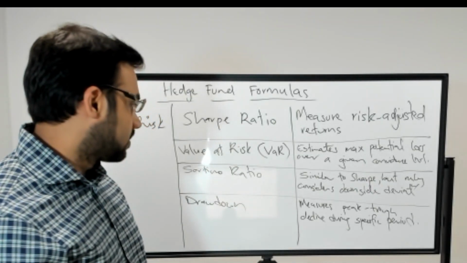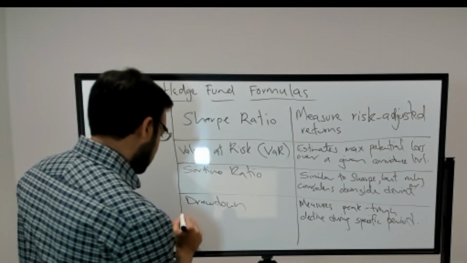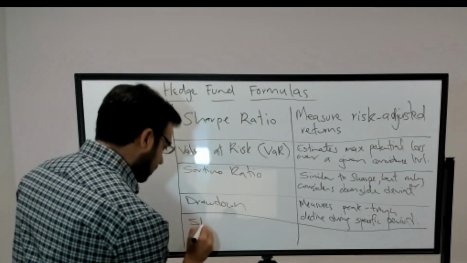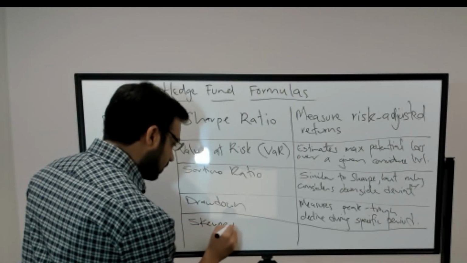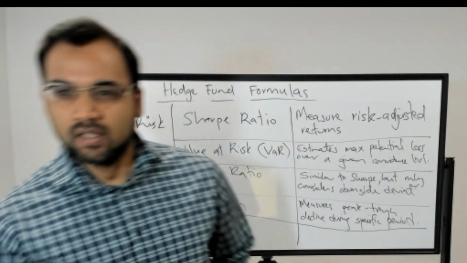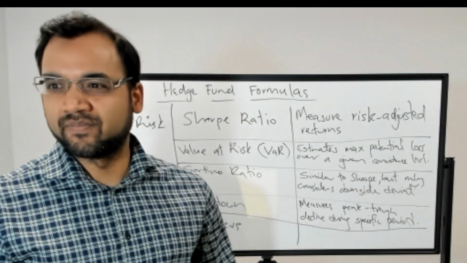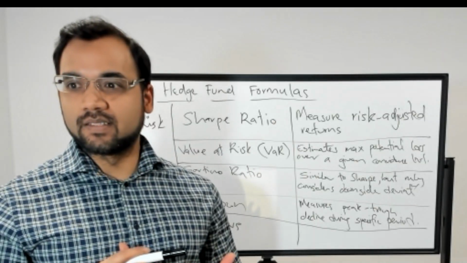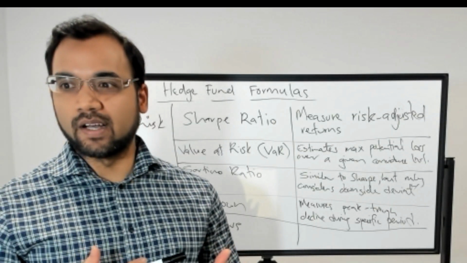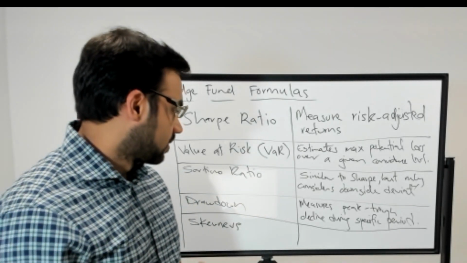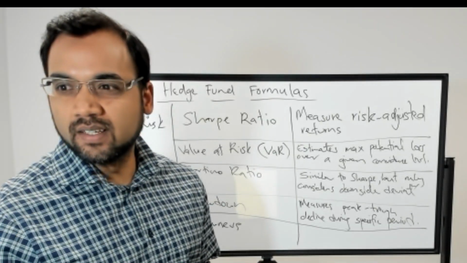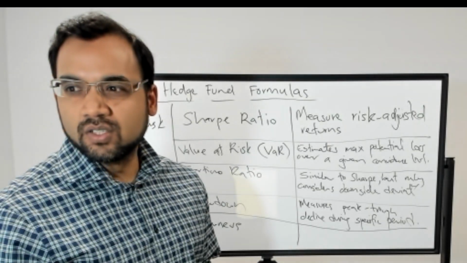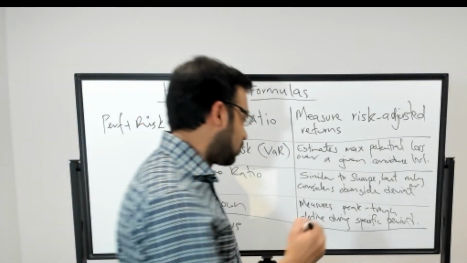Skewness describes the asymmetry of return distributions to identify non-normal risk.